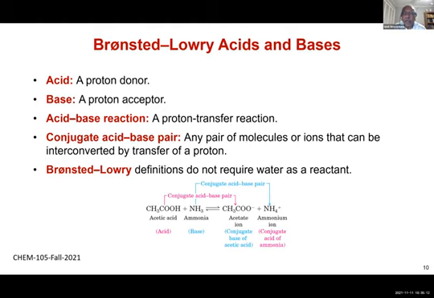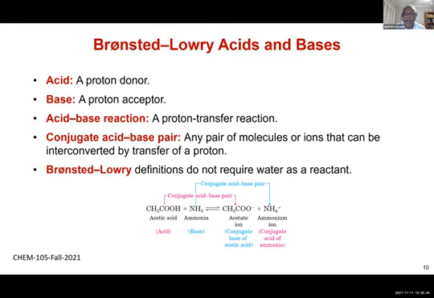Ammonia is producing ammonium ion. Ammonia is a base. Then a base produces a conjugate acid. Ammonium ion is an acid, a proton donor. So whatever acid is found on the right side is called the conjugate acid of ammonia.